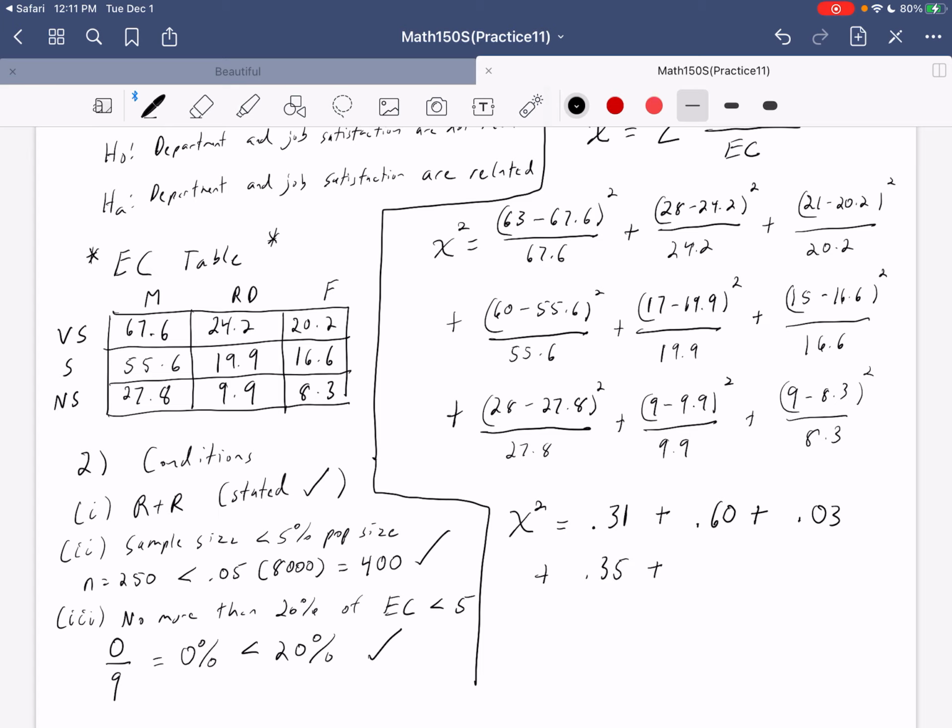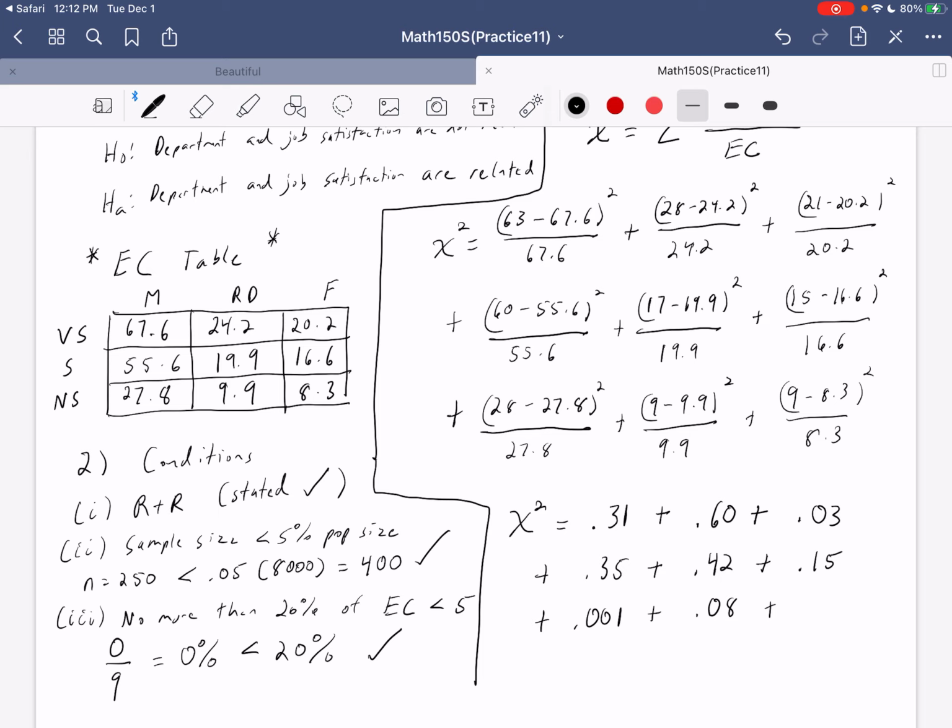Next one, 17 minus 19.9, squared, and then divide by 19.9, so 0.42, and then 15 minus 16.6, and square that, divide by 16.6, so 0.15, and then 28 minus 27.8, square that, and divide by 27.8, looks like we should get 0.001, then 9 minus 9.9 squared, divided by 9.9, 0.08.